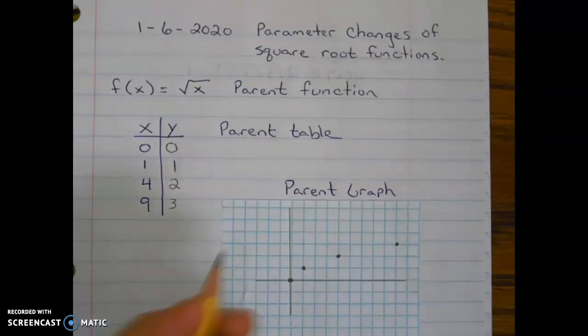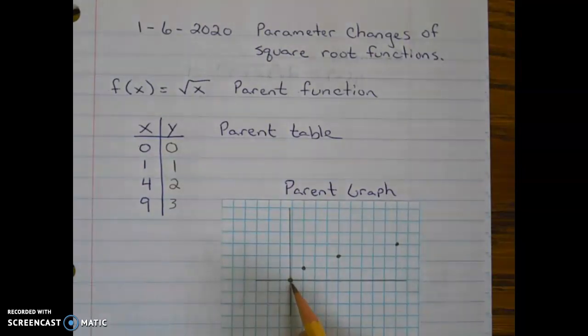Okay, so this is not a vertex. Remember when we were talking about quadratics and absolute value, we talked about the vertex. Well, we could call this the starting point, or I might call it this special point.